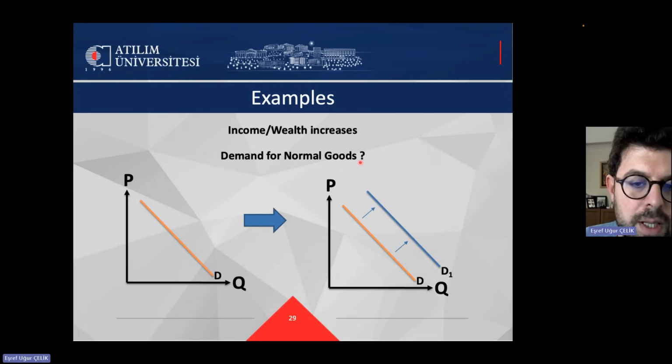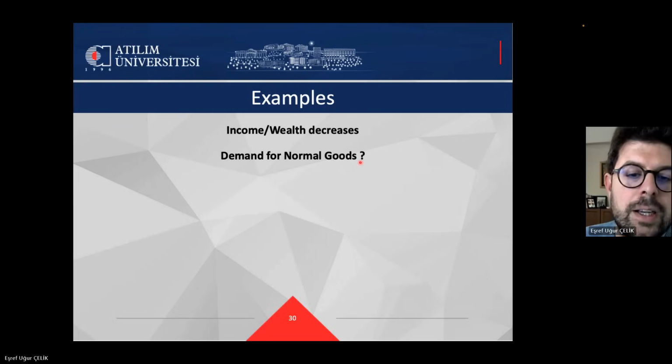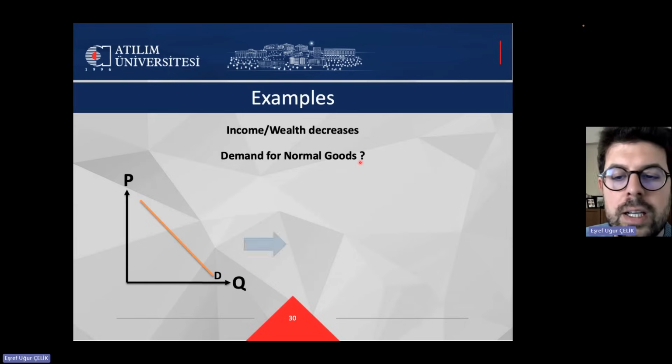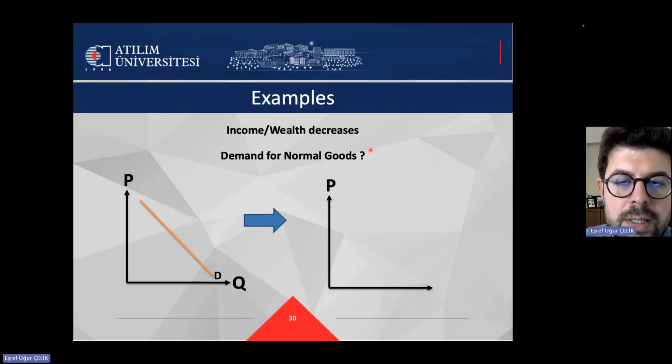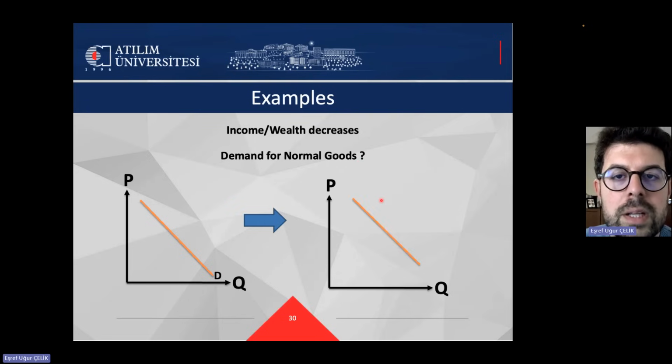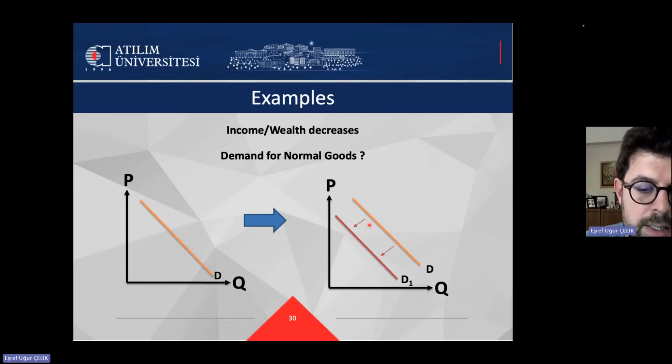Okay, it's showing like that. Again, the direct relationship. When the income or wealth decreases, the demand for normal goods decreases. So that shows on the demand curve as shifting to the left. Okay, it's like that.